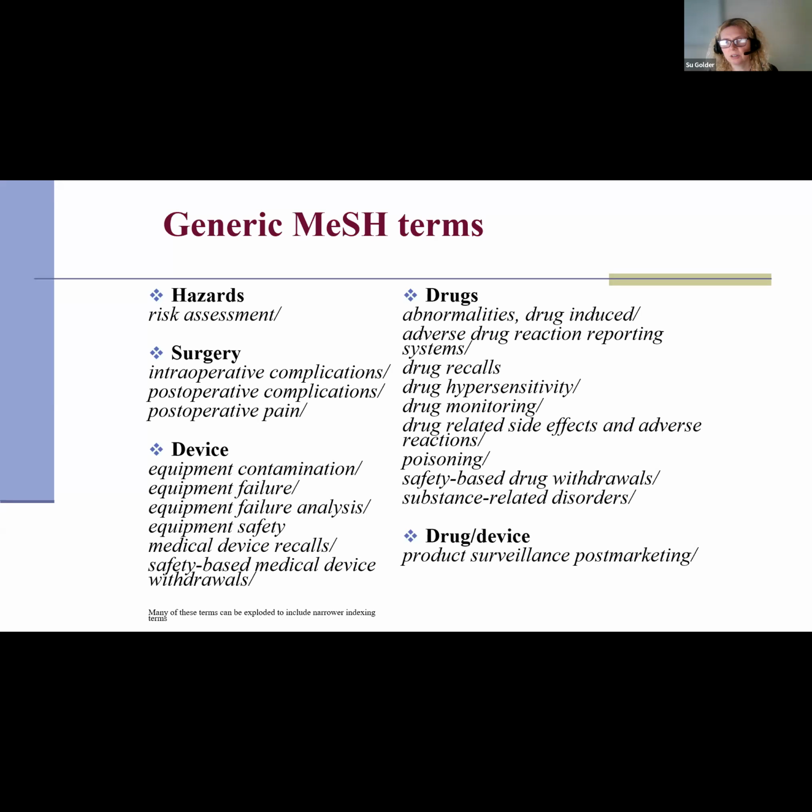Whereas for surgical complications or adverse or harmful outcomes from surgery, you're looking at more complication terms, such as post-operative complications. And product surveillance post-marketing covers both drug and device. So lots of different terms, I'm afraid. No one-stop shop to search, and no one indexing term.